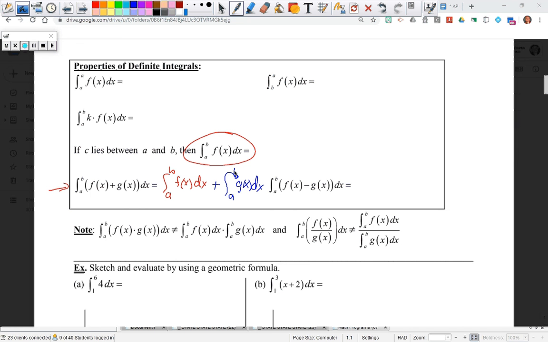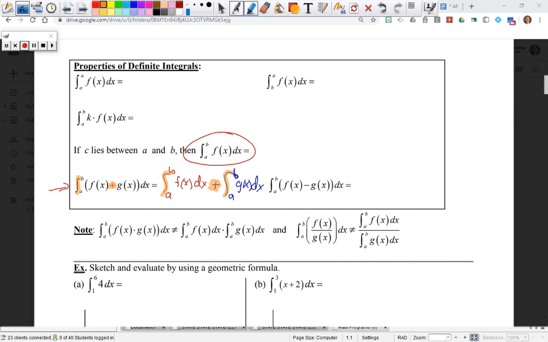Remember? It's been a while, but look at this. I'll highlight it as I go. The integral of the sum is equal to the sum of the integrals. Remember that when we did limit laws? The limit of the sum is the sum of the limits. That's the same thing going on here.